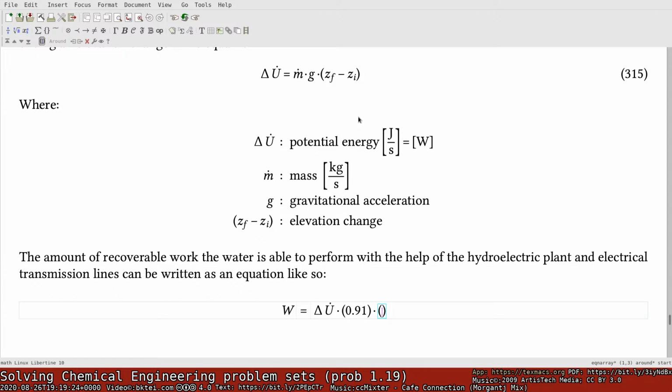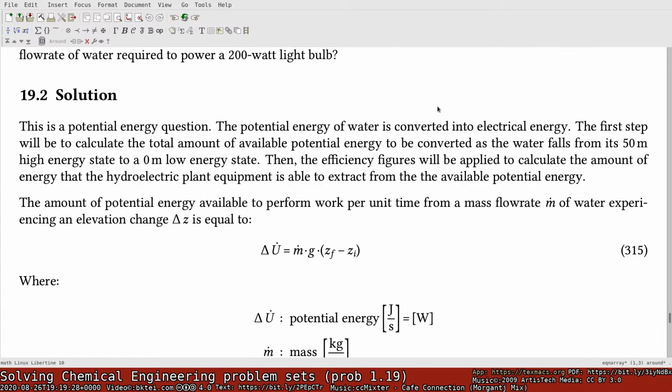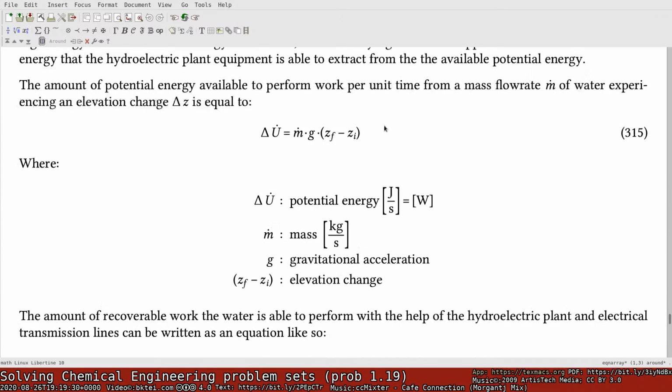Was there a way to write efficiency? I forget. 1 minus 0. What was the transmission loss rate? 8% loss.